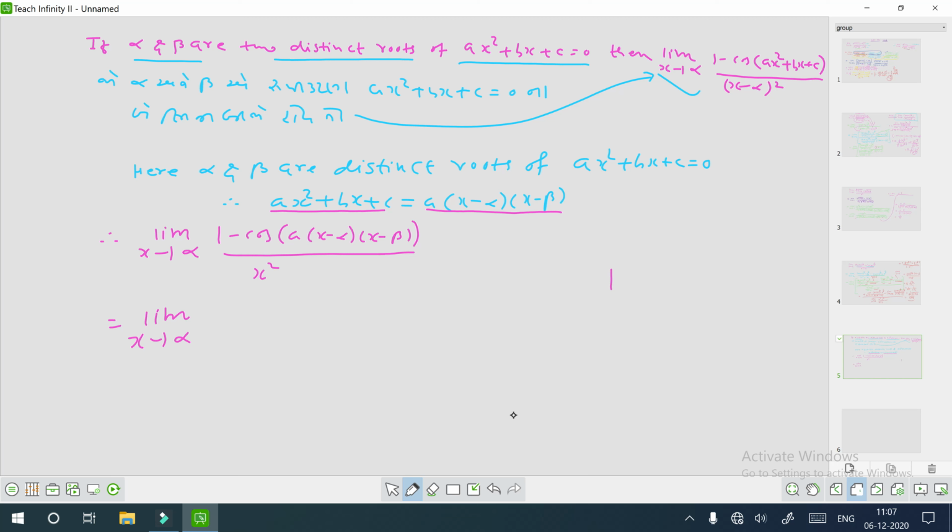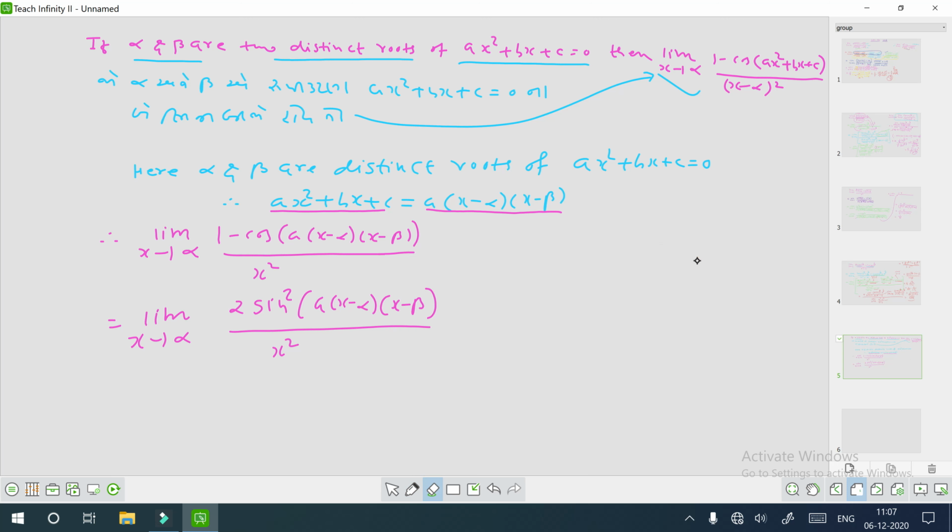Okay, 1 minus cos of some angle or some function is equal to 2 sin square of that angle by 2. So what do we get here? 2 into sine square a of x minus alpha, x minus beta over x square.